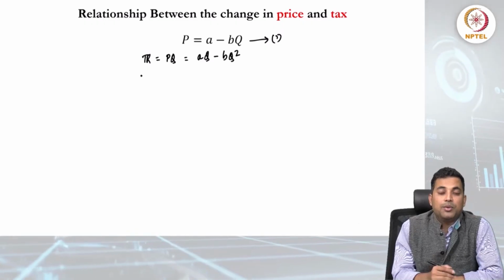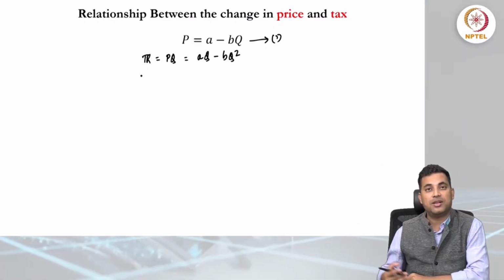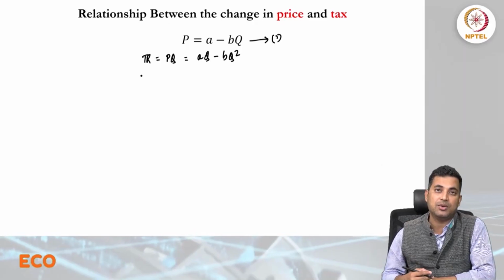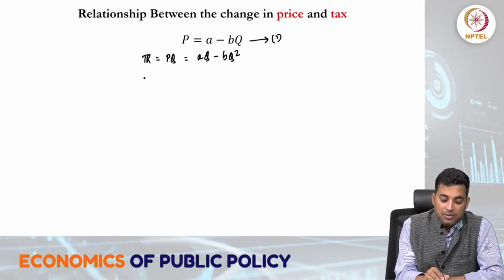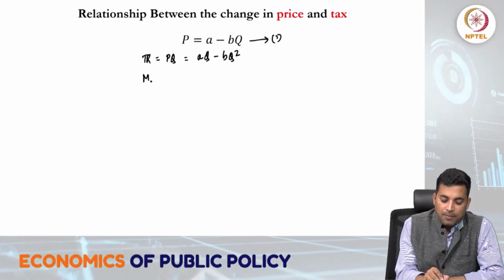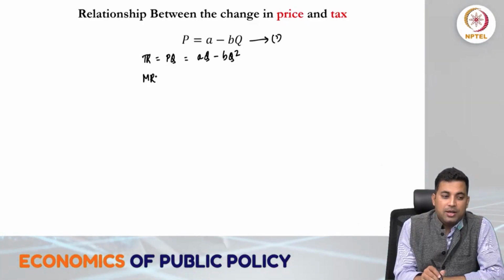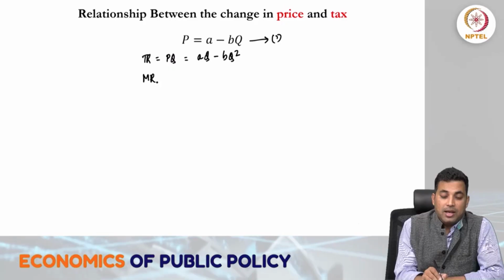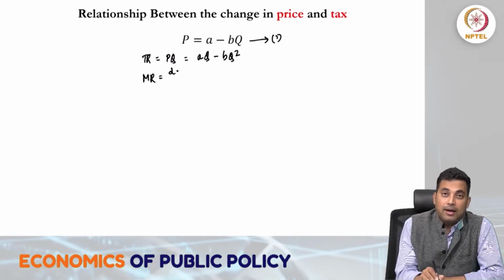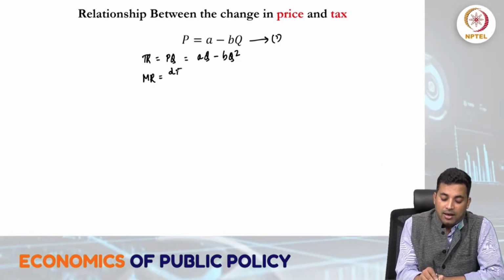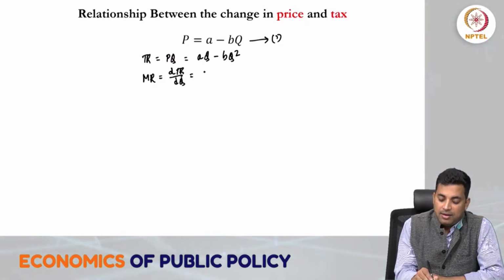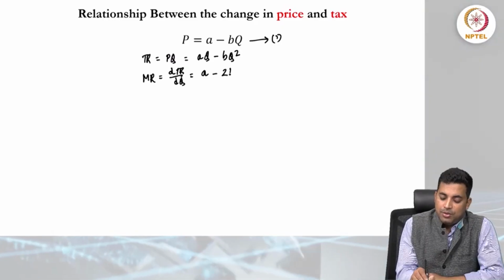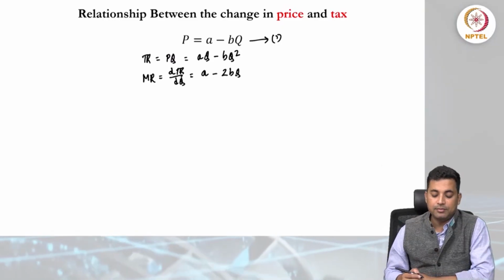If we want to understand the change in total revenue due to a 1 unit change in quantity, this is marginal revenue. So marginal revenue, MR equals delta TR by delta Q, which is A minus 2BQ.